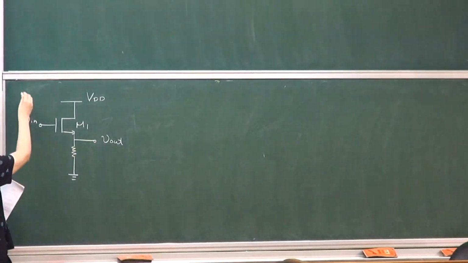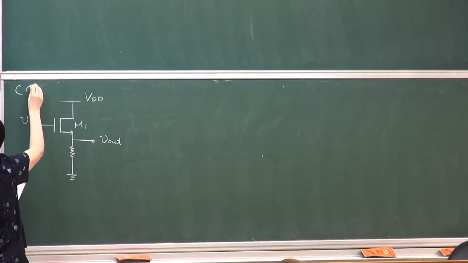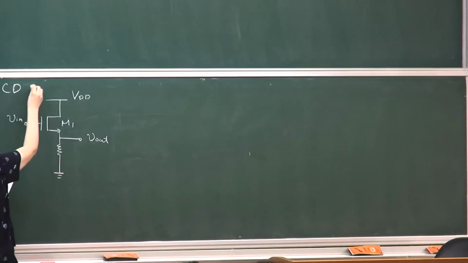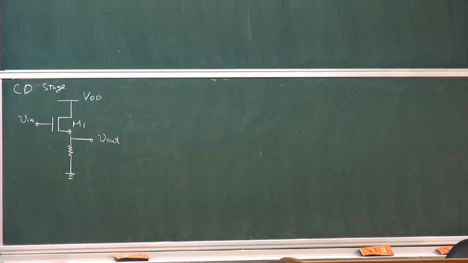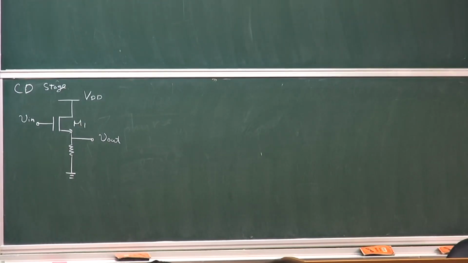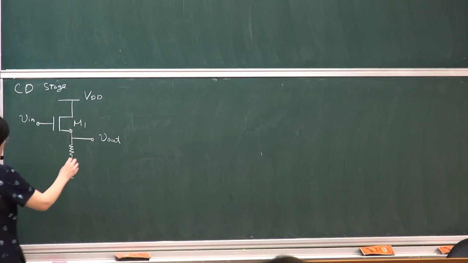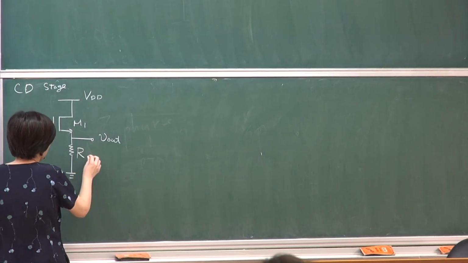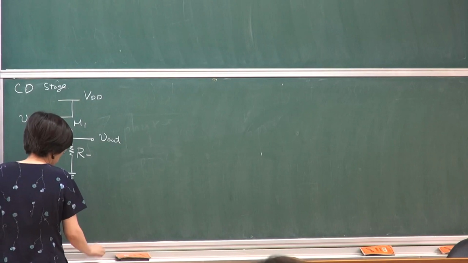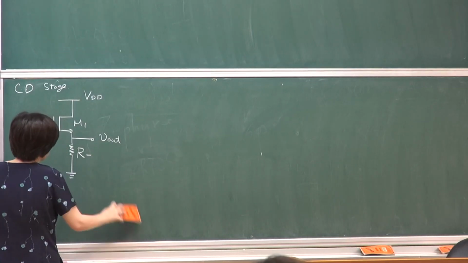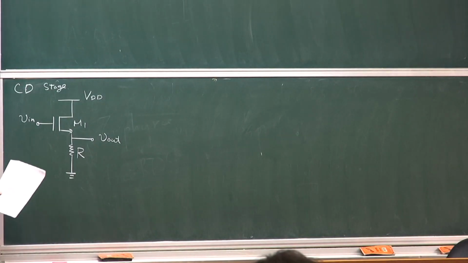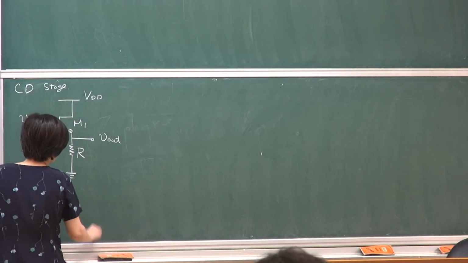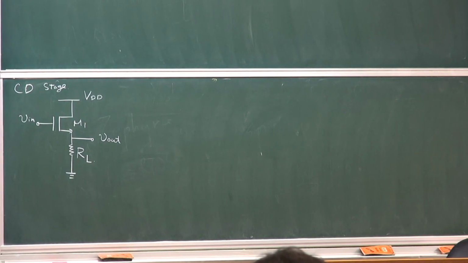So this is a simple source follower, or common drain stage. You can refer to this as a source resistance or loading resistance. It will depend on whether you're using it directly to drive whatever is needed, or it's part of your driving. I'm just going to simply use it as a load resistance.